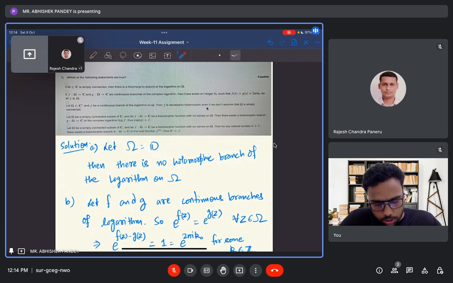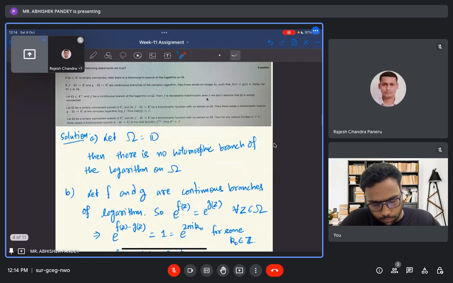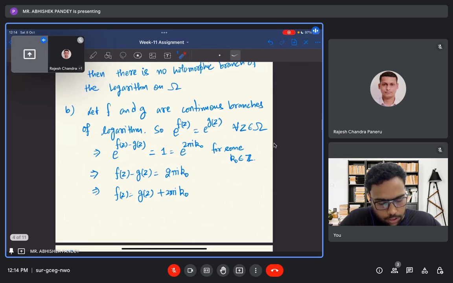Now the next question is, if f and g are continuous branches of the logarithm, then there exists an integer k naught such that f(z) and g(z) differ by 2 pi i k naught. So let f and g be continuous branches of logarithm. What does it mean? e to the power f(z) is equal to e to the power g(z).